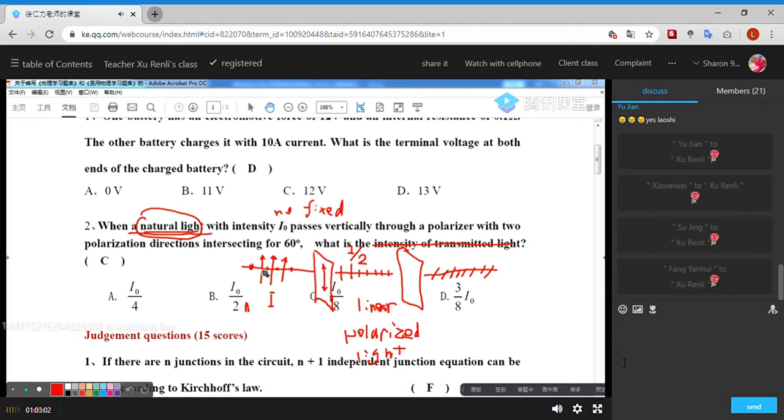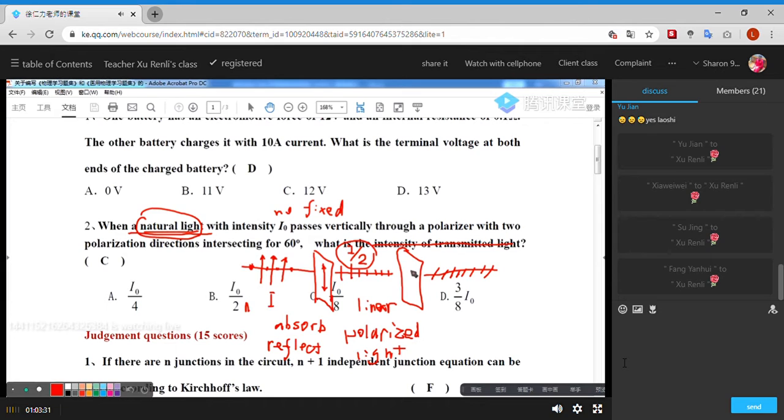So only 1/2 of the natural light can pass through the polarizer, so the intensity becomes half.